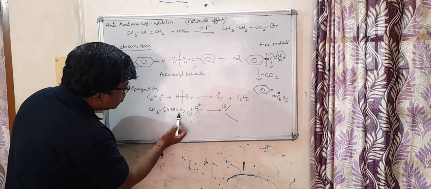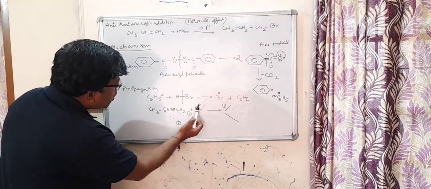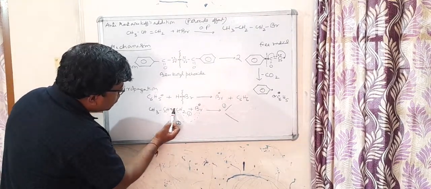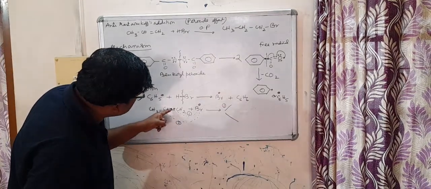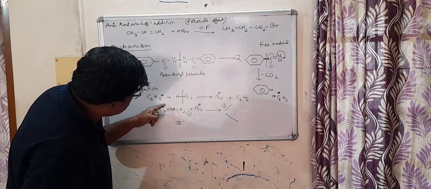For formation of a bond, 2 electrons are required. One is this one, and another will be from this one. And one unpaired electron will be left over here.